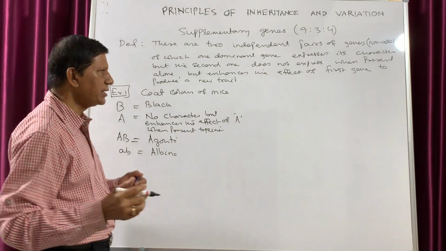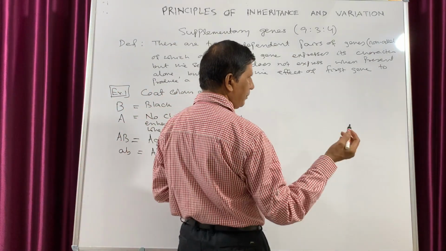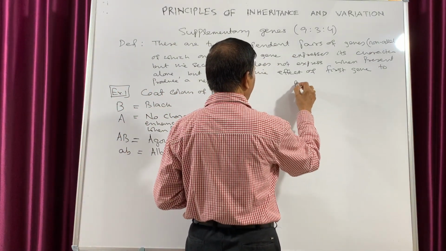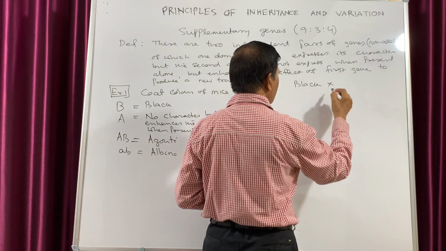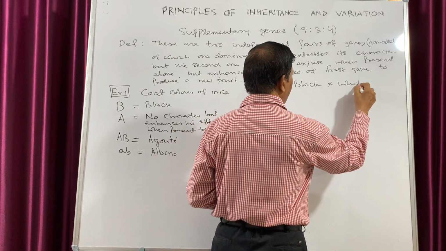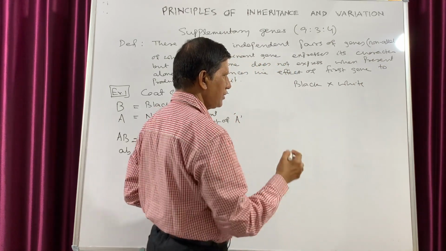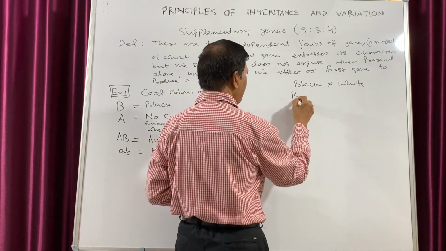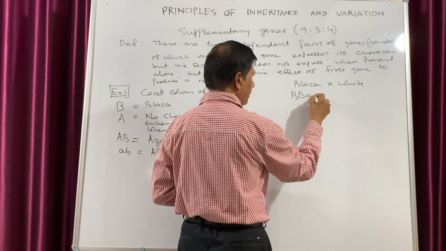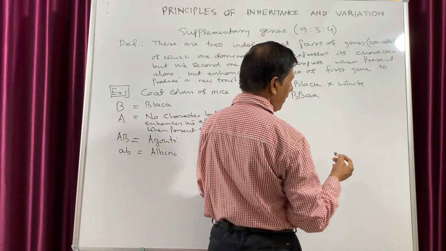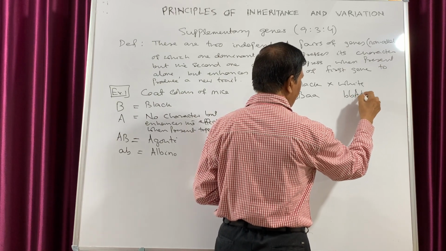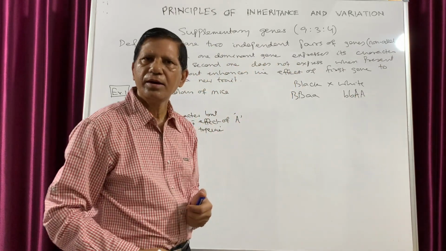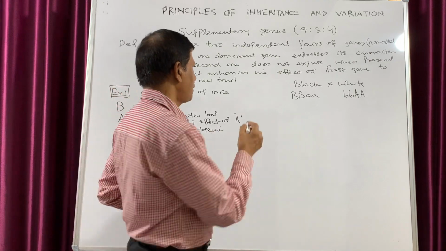Now, if a cross is made between a black mouse and a white mouse having the genotypes, in the black case it is capital B, capital B, small a, small a, and in the case of white it is small b, small b, capital A, capital A. These are the parents.